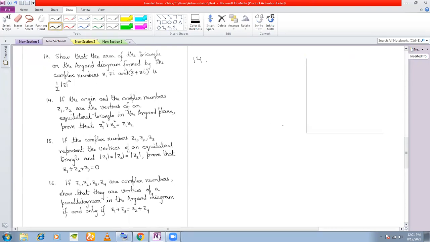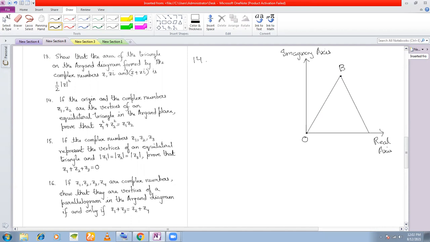Okay, so let's draw the first quadrant only of the Argand plane. This is your real axis. Imaginary axis. And you have an equilateral triangle here. Let us call this the origin.